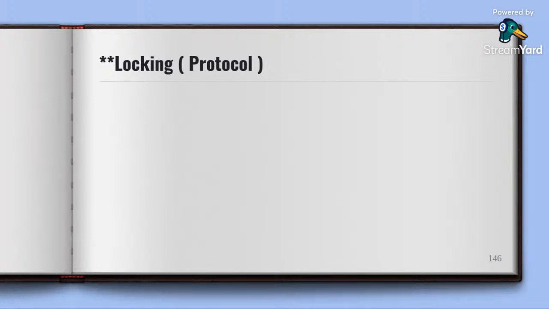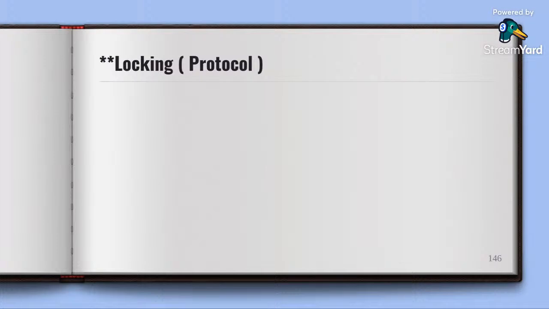Now, tell me what happens with relation to how the requests are made to the concurrency control manager. How does that get handled? Locking requests are made to the concurrency control manager. And does it grant it? It's granted to a transaction if there is no lock placed on the item.